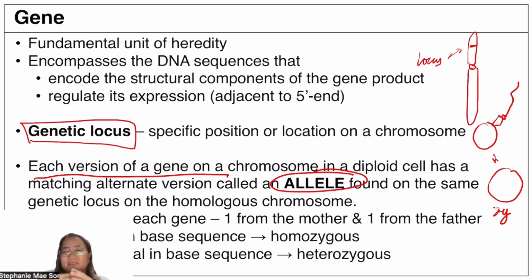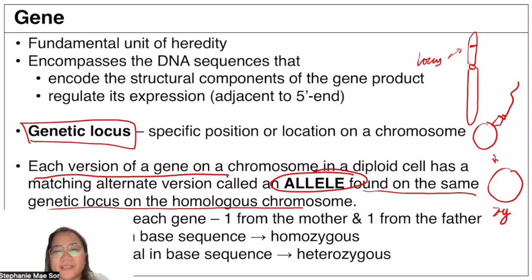Okay. So, each version of the gene in our cells is called an allele. Yung gene na yun, so sabi natin, di ba? Each version of a gene is called an allele. So, dahil meron tayong two versions for a gene, yung two versions na yun are actually found on the same genetic locus on the homologous chromosome.